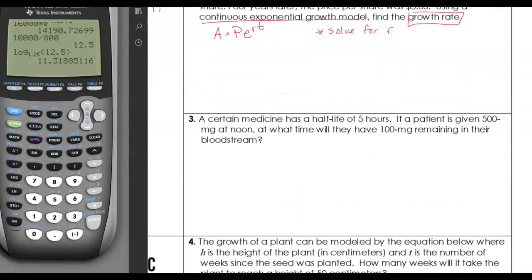A certain medicine has a half-life, that's our key word, of 5 hours. If a patient is given 500 milligrams at noon, at what time will they have 100 milligrams remaining in their bloodstream? Half-life means I'm going to be using my half-life function.